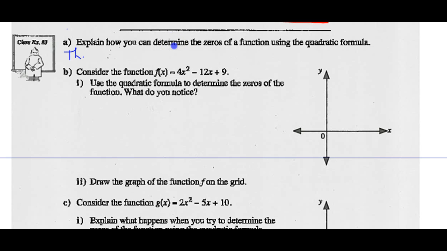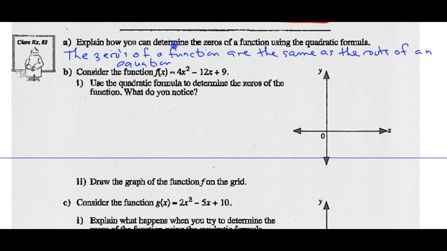Well, the zeros of the function are the same as the roots or solutions of an equation, and the quadratic formula gives us the roots of the equation. So we consider the function f of x equals 4x squared minus 12x plus 9. Use the quadratic formula to determine the zeros of the function.